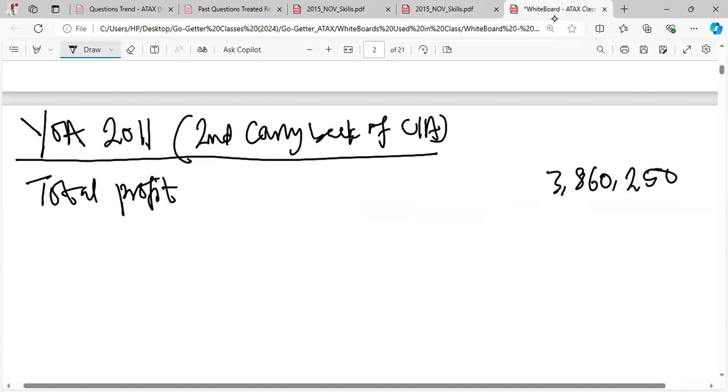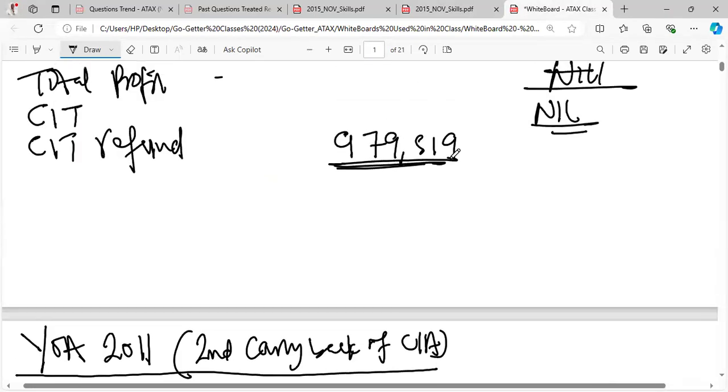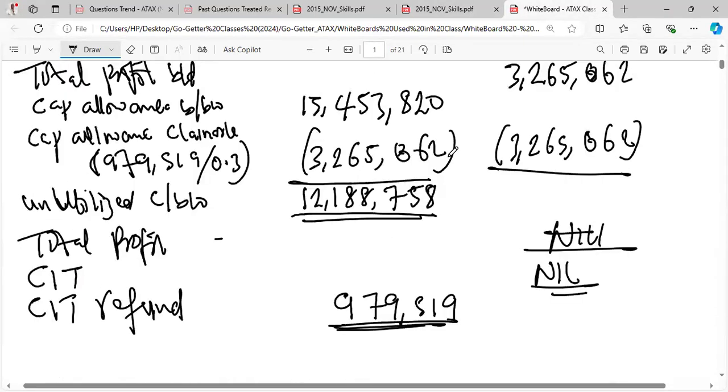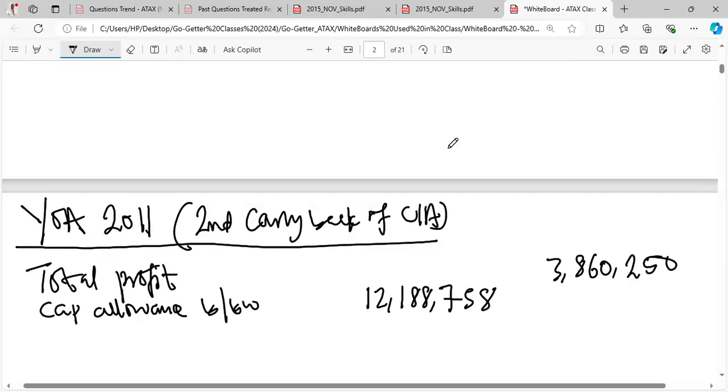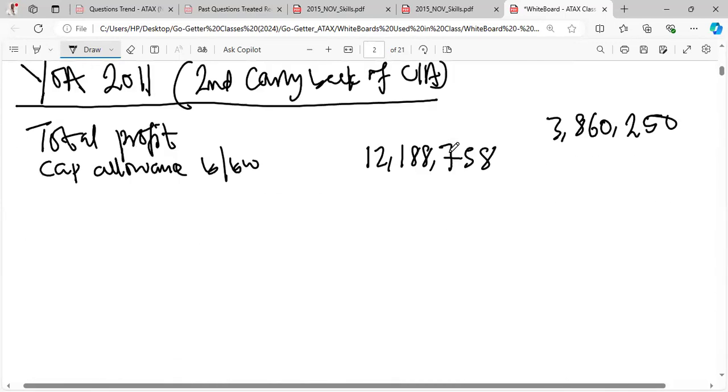So you will say capital allowance brought backward. How much are we bringing backward? We are bringing 12,188,758. Okay, so that's the allowance brought backward.